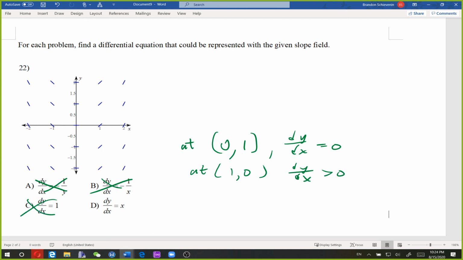If C was right, then all of these lines would look exactly the same, right? Okay, so this one should be D.